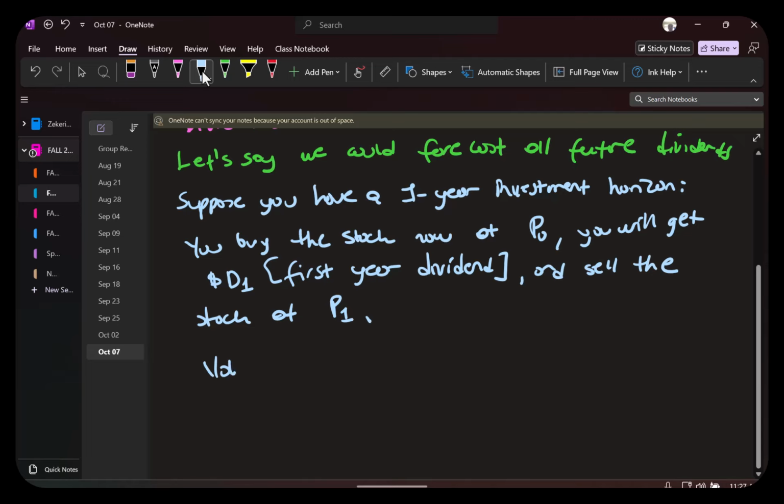So the value of the company, which I'm going to call V0. I always make a distinction between value and price. Value is what you get when you buy something. Price is what you pay for it. They are not necessarily the same.